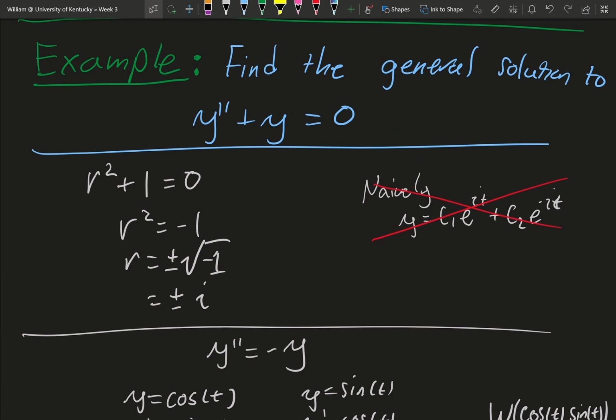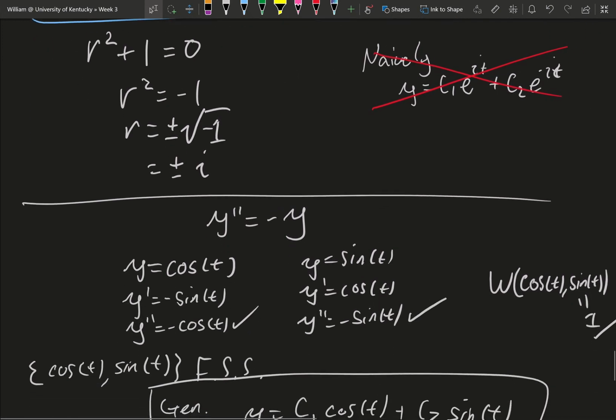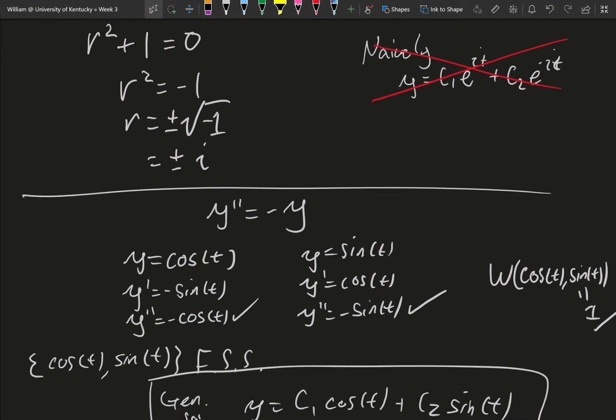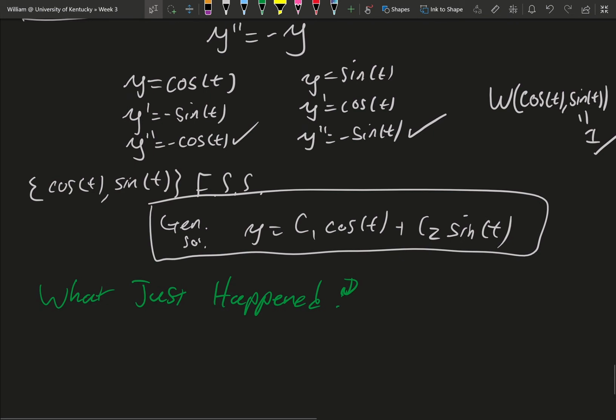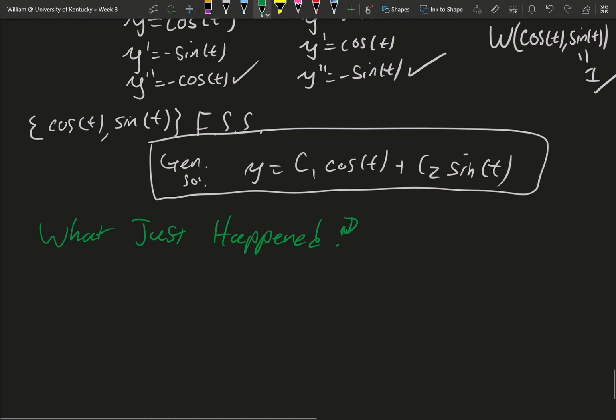We got complex, in fact, I guess purely imaginary roots, plus or minus the square root of -1. And then it turned out that the answer was sine and cosine. Well, the answer to what just happened is sort of twofold.